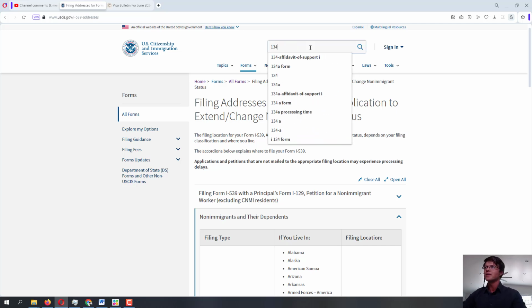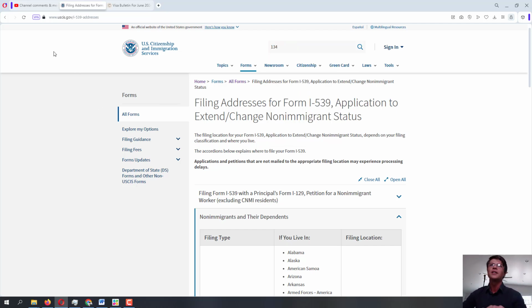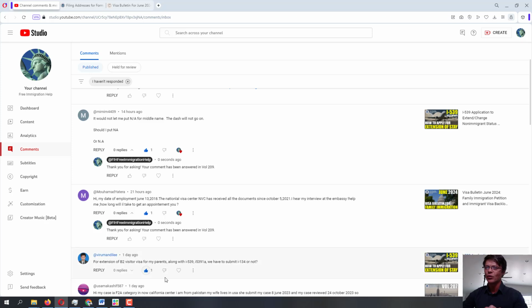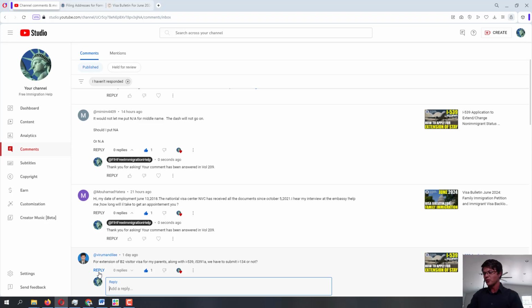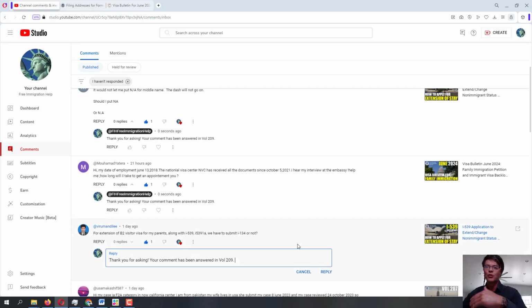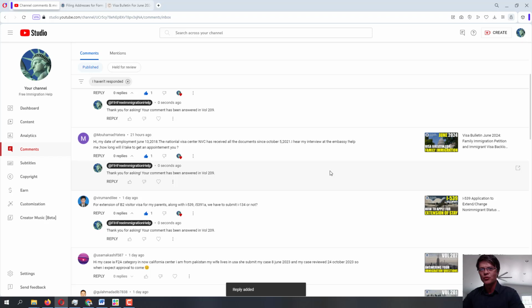You don't need to worry about the affidavit of support at all. So just I-539 for, doesn't matter, your mom or your dad, and then I-539A for the other. It doesn't really matter who's going to be on the main application and who is going to be on the supplemental one. Okay, let me post a response, and we're going to move on further.